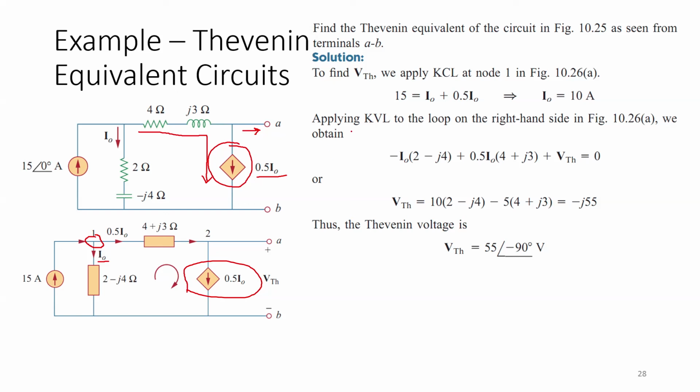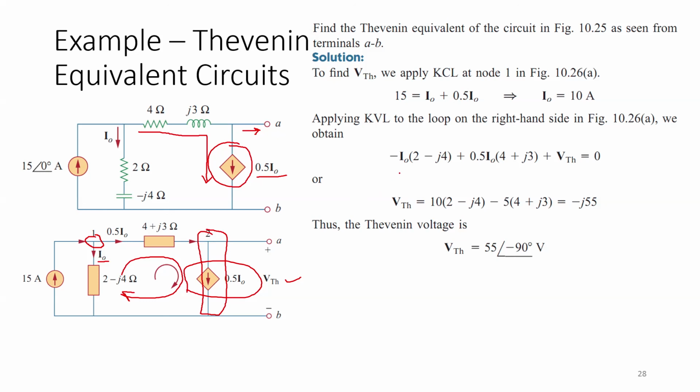Then we apply KVL to the loop on the right hand side and get the VTH. On the right hand side, the voltage drop across this branch is the same as the voltage drop across terminals AB, which in turn is our Thevenin equivalent voltage. So we just apply our KVL in this loop and get the voltage drop here.